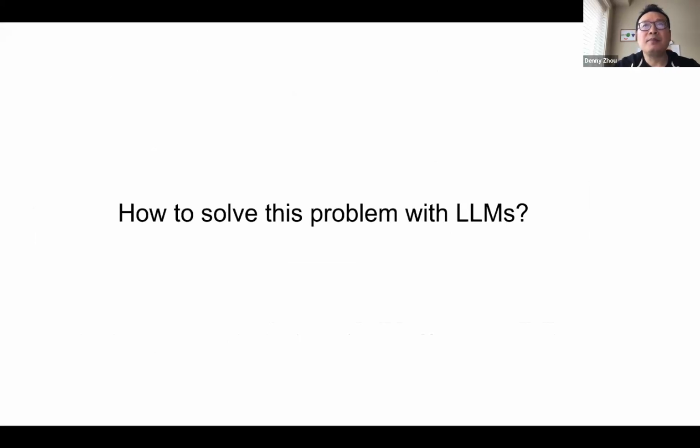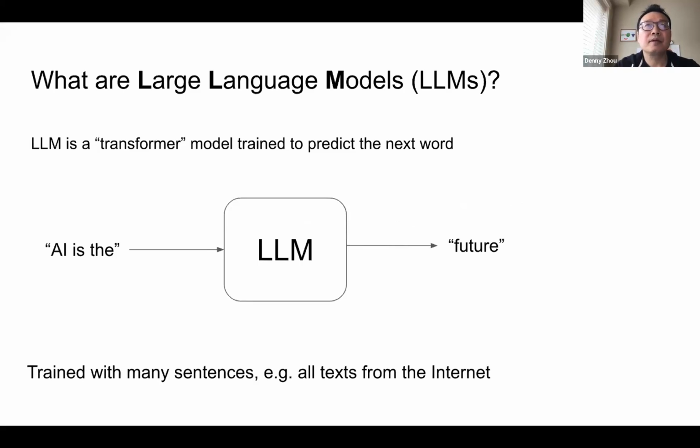How do we solve this problem with large language models, or LLMs? First, let's talk about what large language models are. An LLM is a transformer model trained to predict the next word. For example, given the sentence "AI is the future" and the user inputs "AI is," the LLM is asked to predict the next word, which is "the" here.